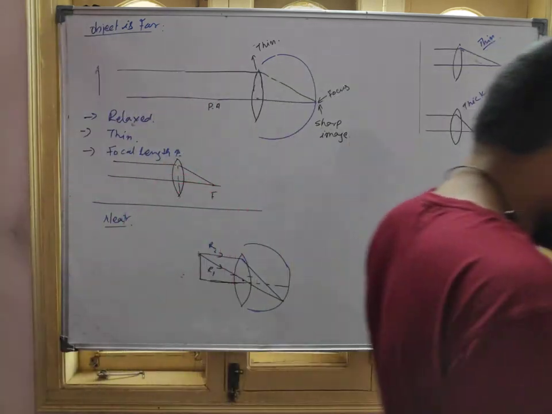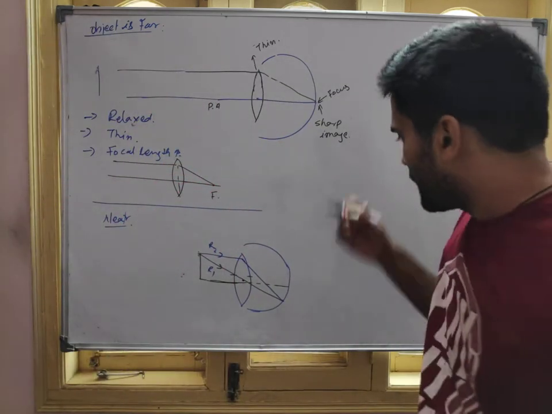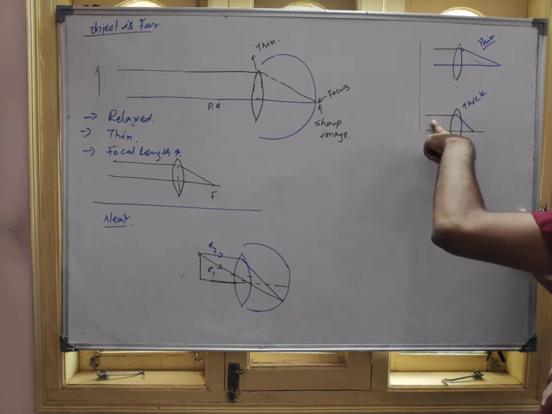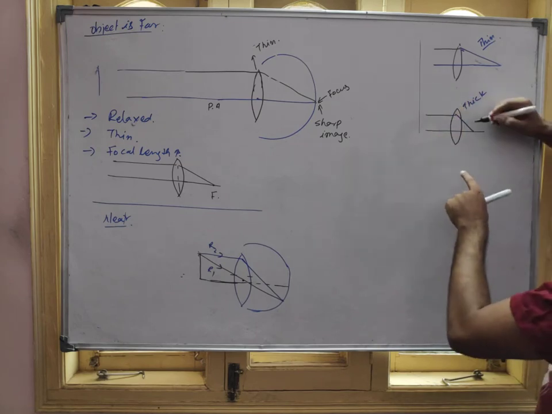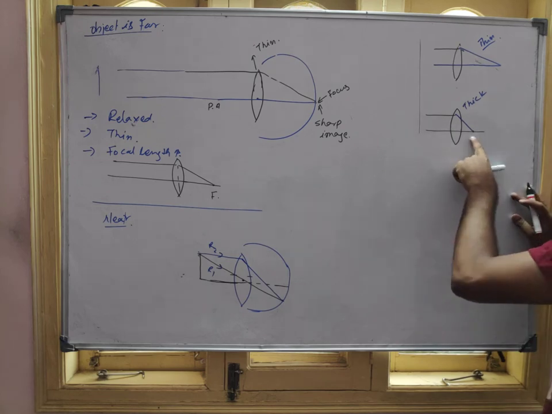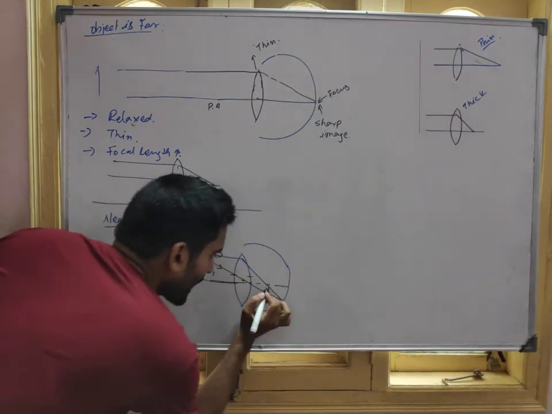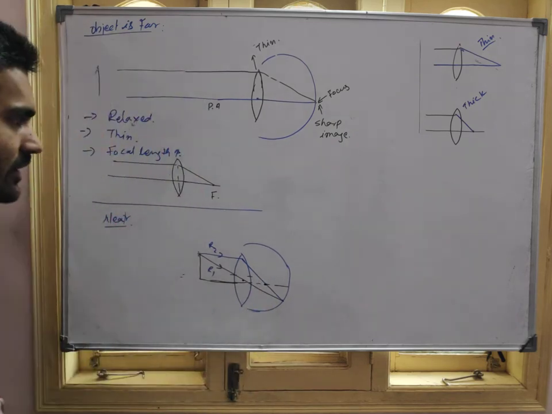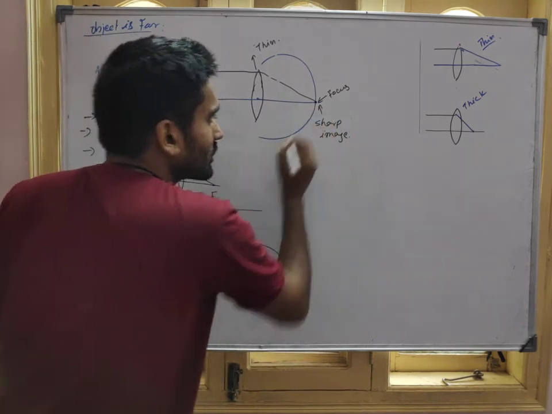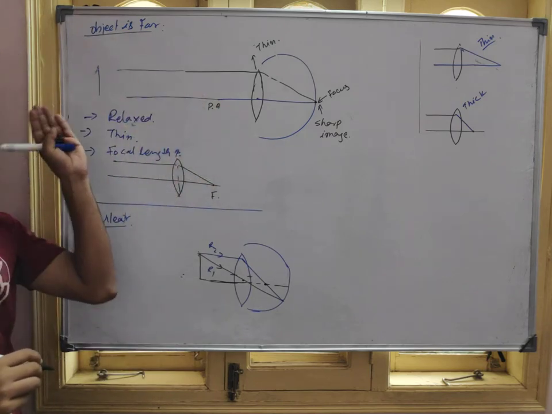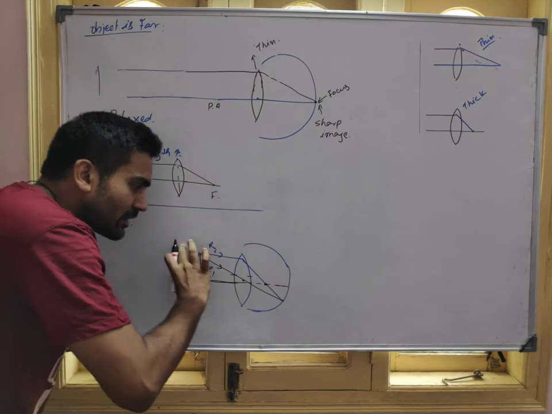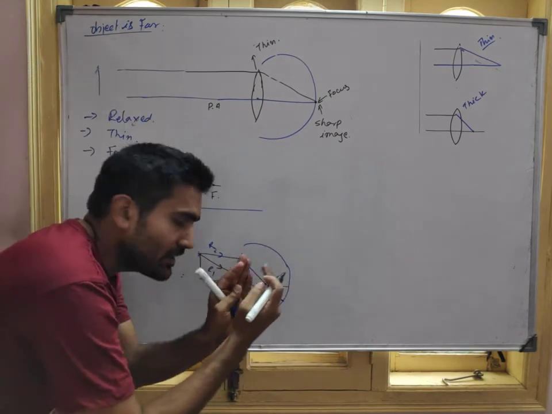Now one thing we should see here: we know very well that whenever there is a light ray parallel to the convex lens, it passes through the focus. So it means the focus is now at this point. Initially, when the object was far, the focus was here. But now when the object comes near, the focus comes nearer to the lens.